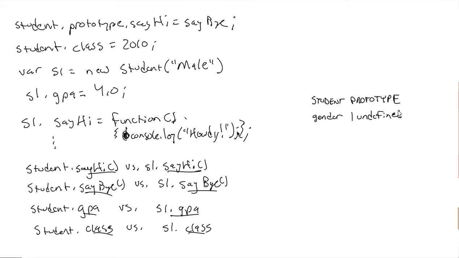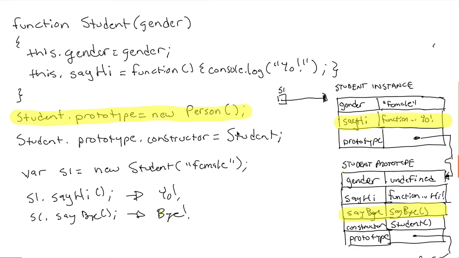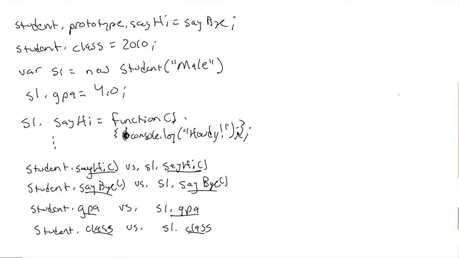You know what I'm going to do to save a lot of time, I'll just copy it from the previous page. Amazing power of copy. I don't have to do it again. You guys can print this out. Okay, so there's my student prototype. Let's go down to the next page and paste.